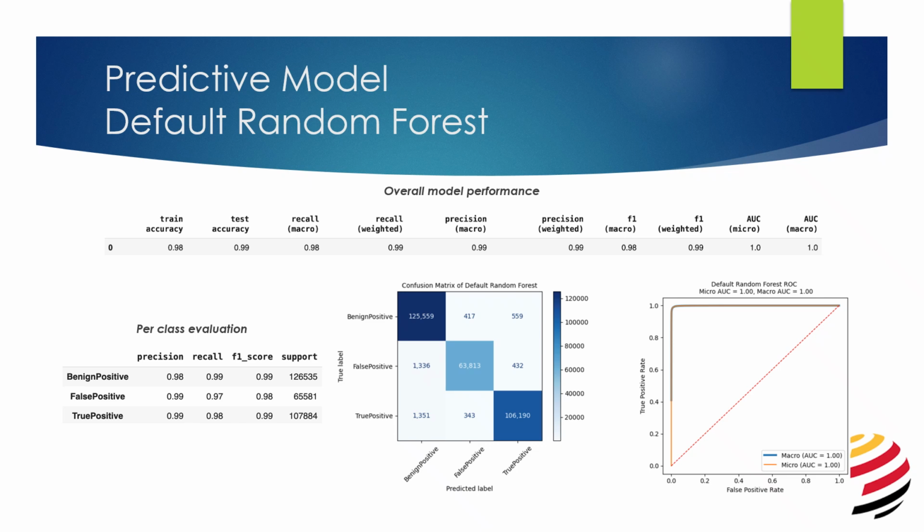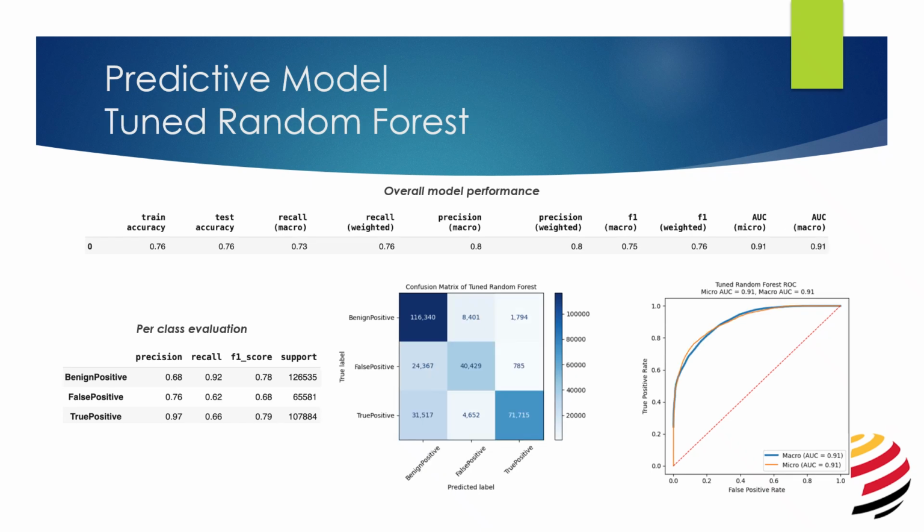The confusion matrix shows only a few hundred misclassifications per class, mostly in the majority benign positive group. This proves that the model's use of bootstrap sampling and random feature selection creates stable, balanced performance across all classes without any tuning.